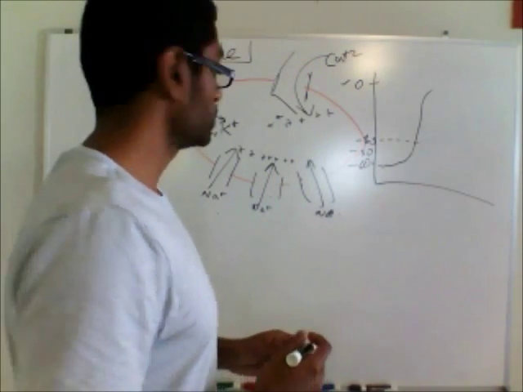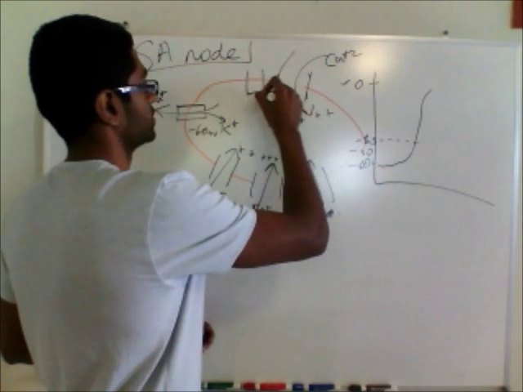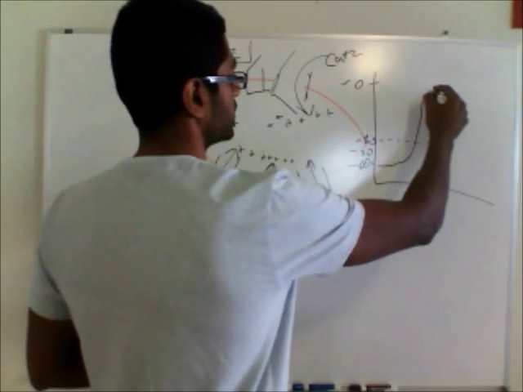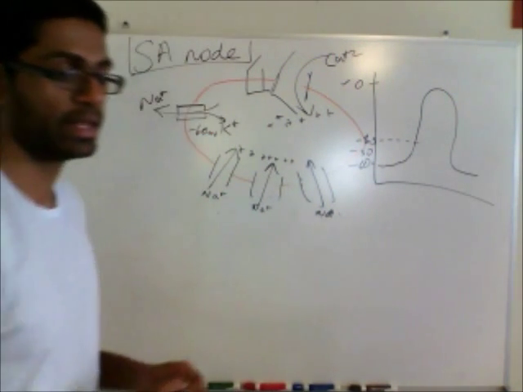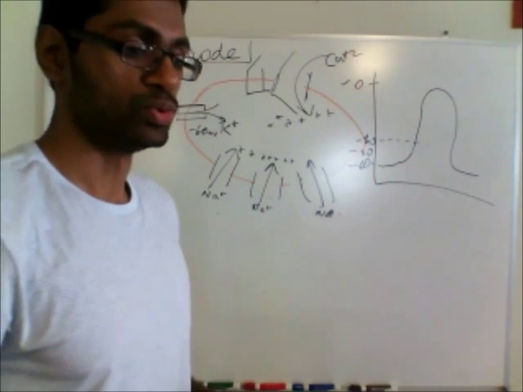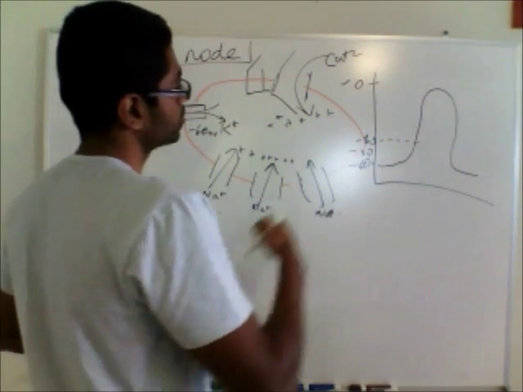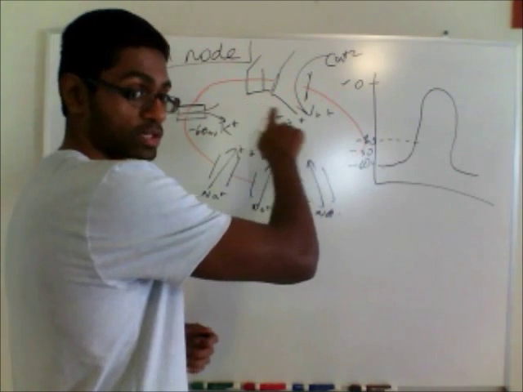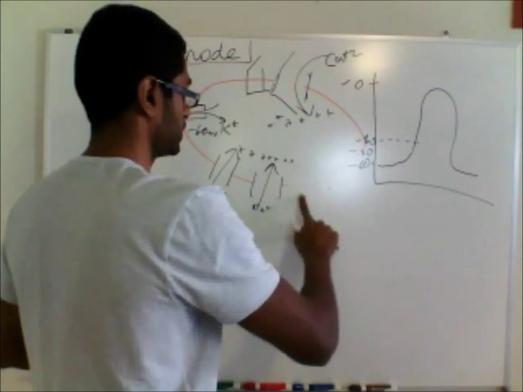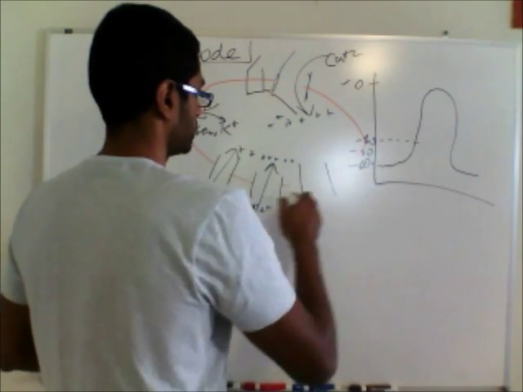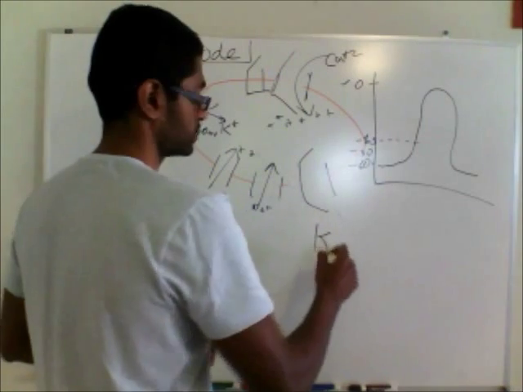And once it hits 0, the voltage-gated calcium channels start inactivating. Okay, and then the net charge starts dropping again, and it comes back down, because not only does the calcium channel start closing off after a certain period of time, we also have our friendly potassium channel.